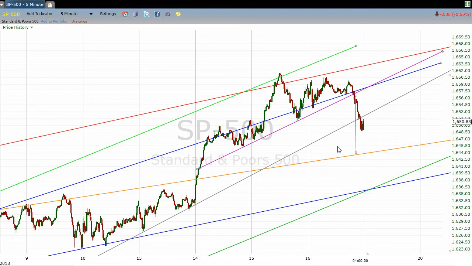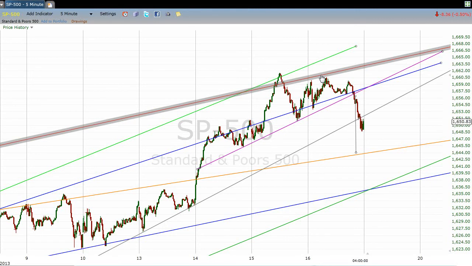So coming into today, again, we don't really have any discrete pattern to look at other than this tiny little upsloping head and shoulders. But I want to show you something else. Coming into today, we were looking at either this green line or this red line as being resistance. Okay?